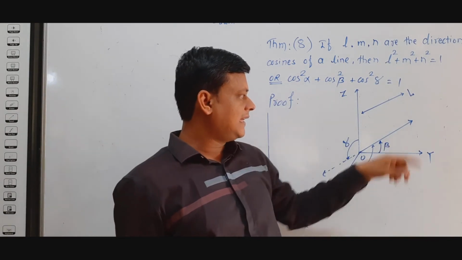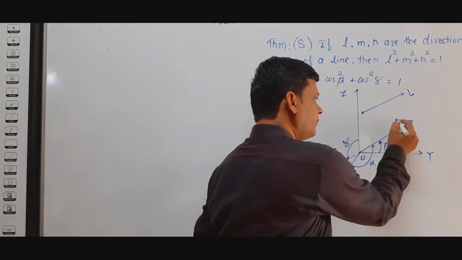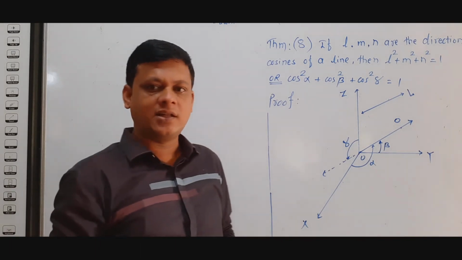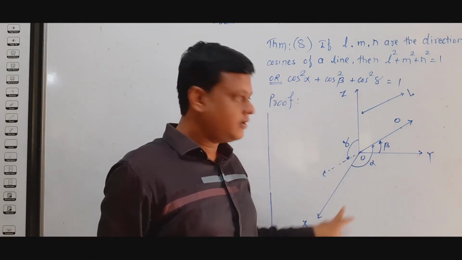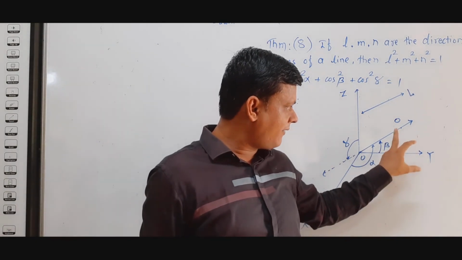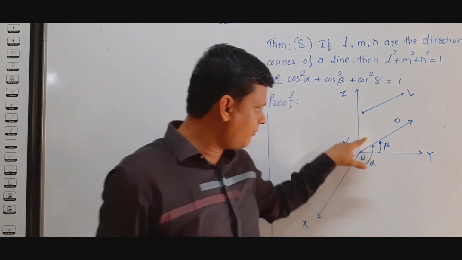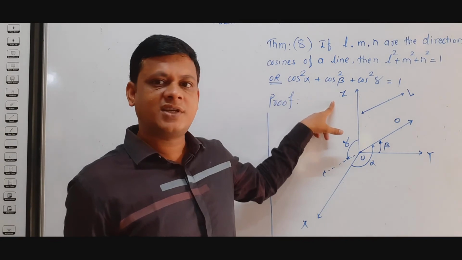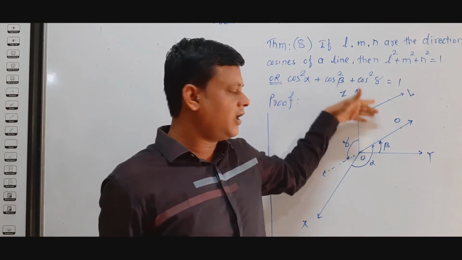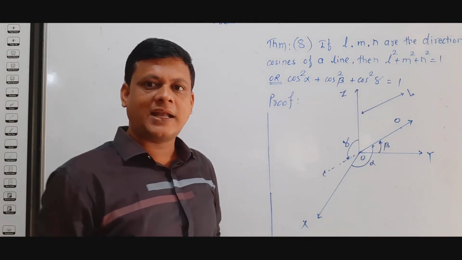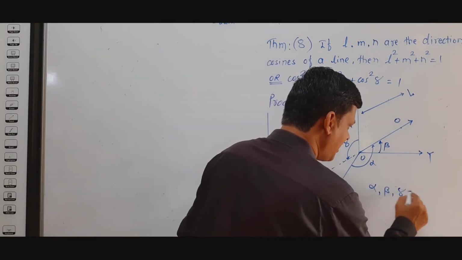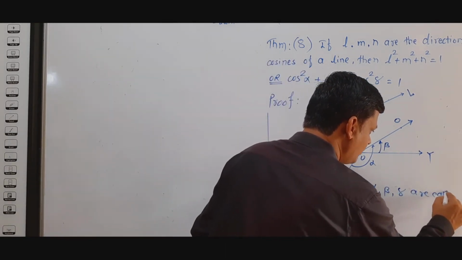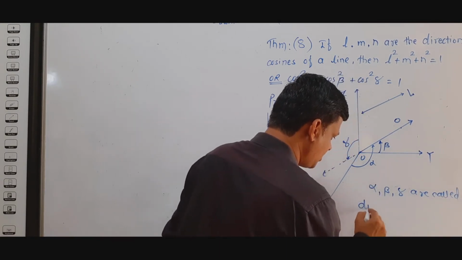Suppose this line OP, which is parallel to line L, makes angle alpha with the x-axis, angle beta with the y-axis and angle gamma with the z-axis. So these alpha, beta, gamma are called direction angles.